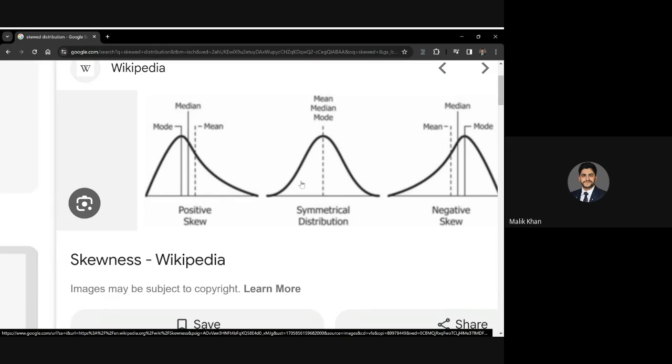In a normal symmetrical distribution, the mean is equal to the median is equal to the mode. But for a positive skew, since most of the data lie here, in calculating the mean, which is the sum of all the values in a variable divided by the total number of values, if a lot of values lie here, your mean will shift from the middle towards the right, towards the positive side.